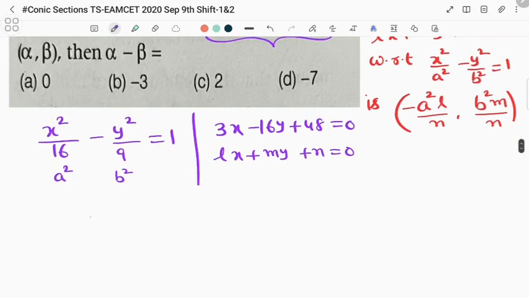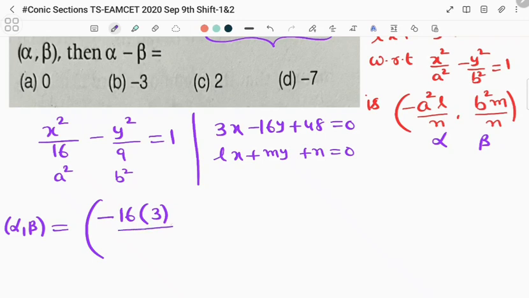These values are substituted in the formula, dear students. That only, alpha comma beta they are taking. This is alpha, this is beta. So minus a square, what is a square value? 16 into L value 3 by n value 48. Next b square value 9 into m value minus 16 by 48.